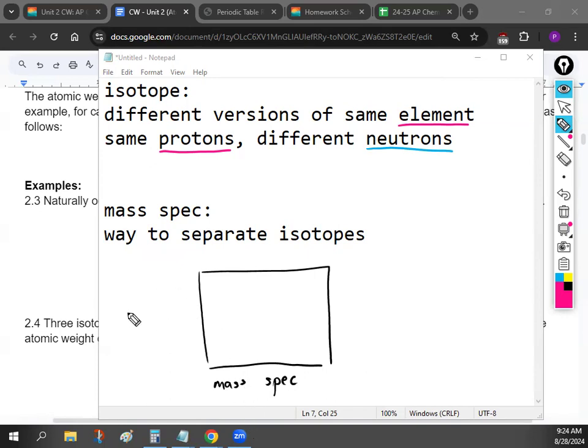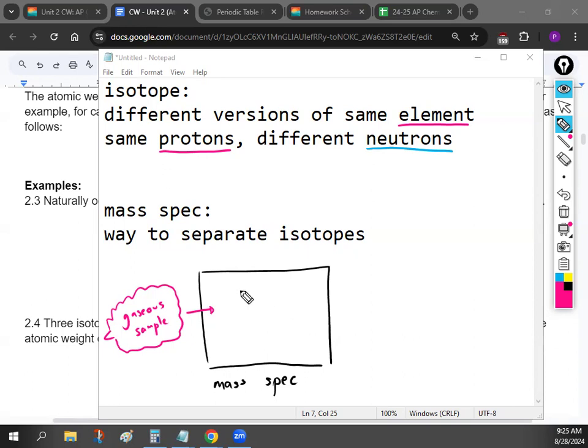How this works is we take some type of gaseous sample. Basically we have a bunch of isotopes in this gaseous sample. I'm going to draw it kind of like a cloud. What we do is we put the gaseous sample into the mass spec. This is a very simplified version of it, but the mass spec machine is going to separate the different isotopes.